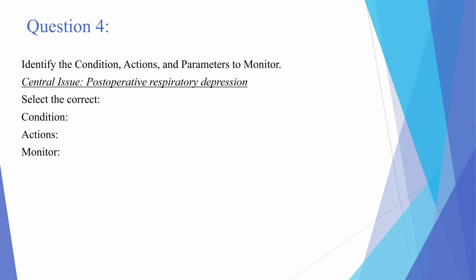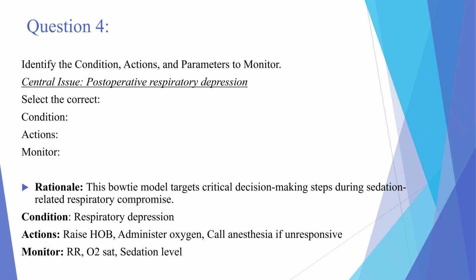4. Identify the condition, action, and parameters to monitor. So here you have the central issue, postoperative respiratory depression. This is like a bow tie model, which targets critical decision making during sedation-related respiratory compromise.